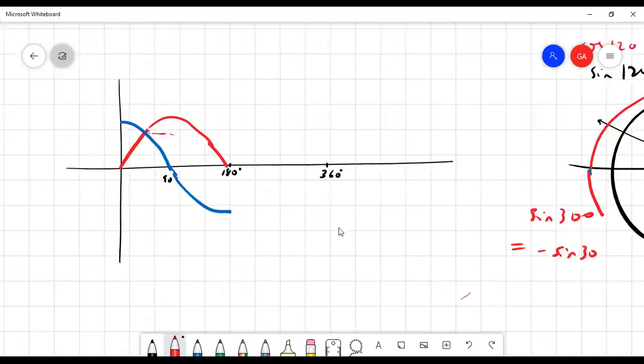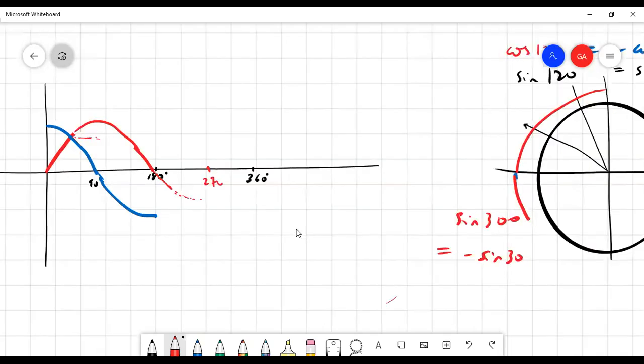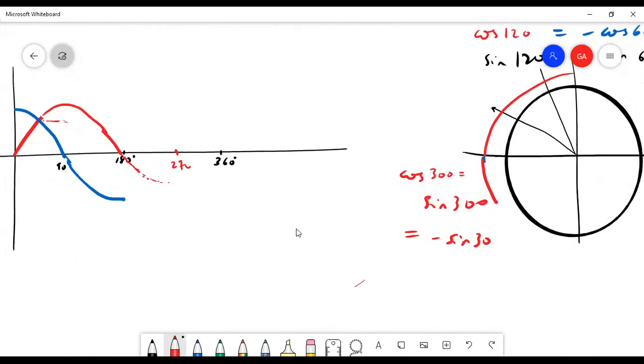And that became visible by the fact that sine goes negative here, right? And on the other hand, cosine repeats, this is where cosine starts repeating itself. So cosine of 300 was equal to cosine 120. And indeed, cosine starts repeating itself in this region.